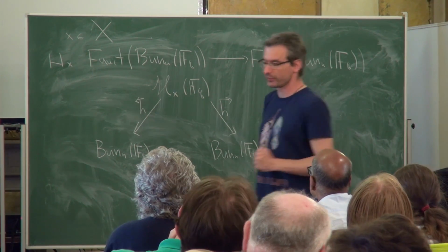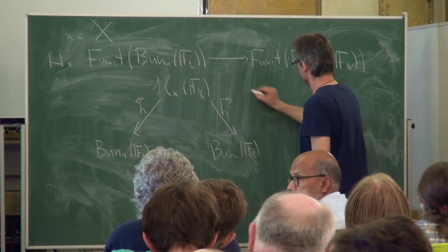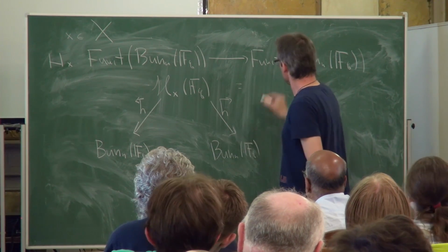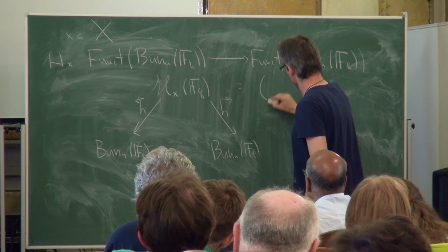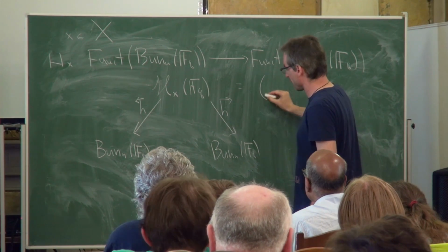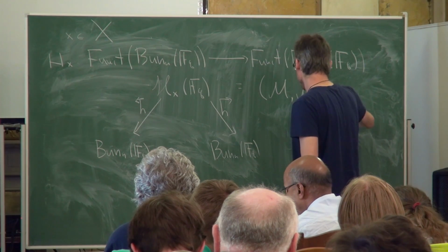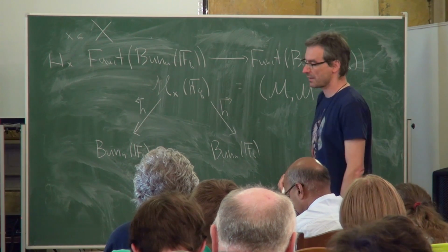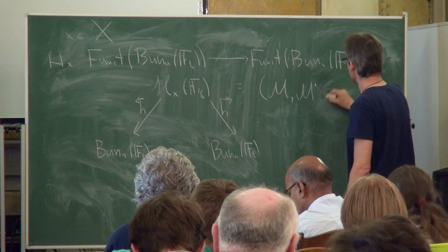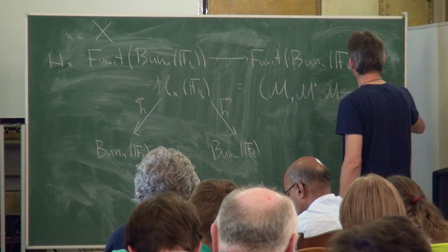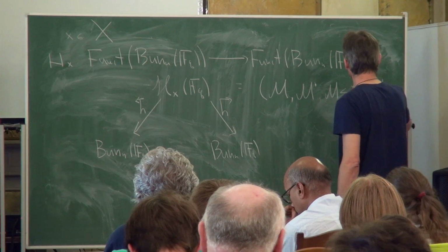So what is this new set? It's the set of triples. One element of the triple is a rank n bundle. Let me call it M. Another element is another rank n bundle. I call it M prime. And the third is an embedding of M into M prime. Call it alpha.